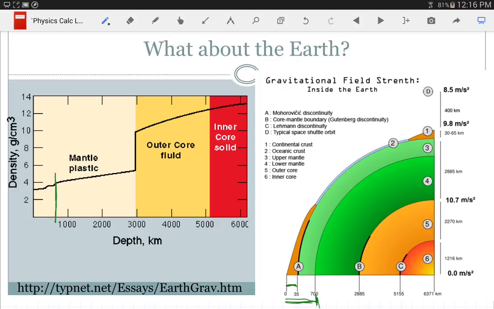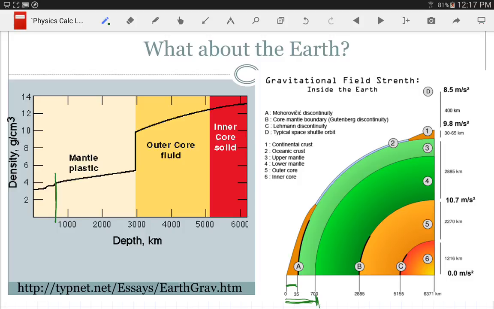They're very similar in nature, but the mantle is, you see over there on the left, mantle plastic. What does plastic mean? Besides a type of container. It means that it can be deformed. So that mantle is deformable.